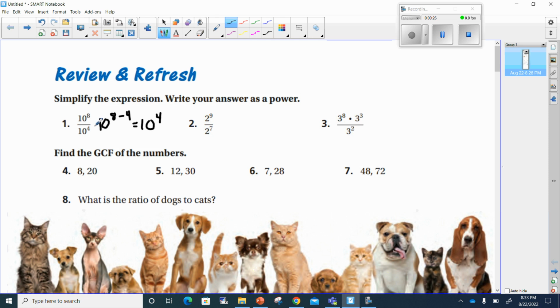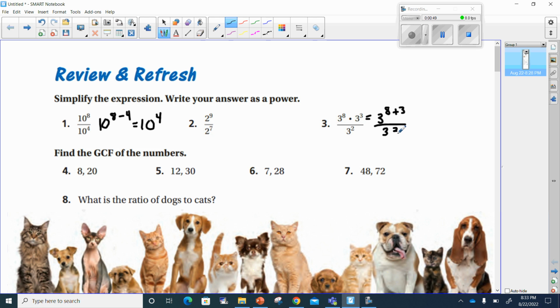All right. Number 3, we realize we're multiplying numbers together. This is 3 times 3 to the 8 times 3 to the 3rd. This is equal to 3 to the 8 plus 3 over 3 to the 2.